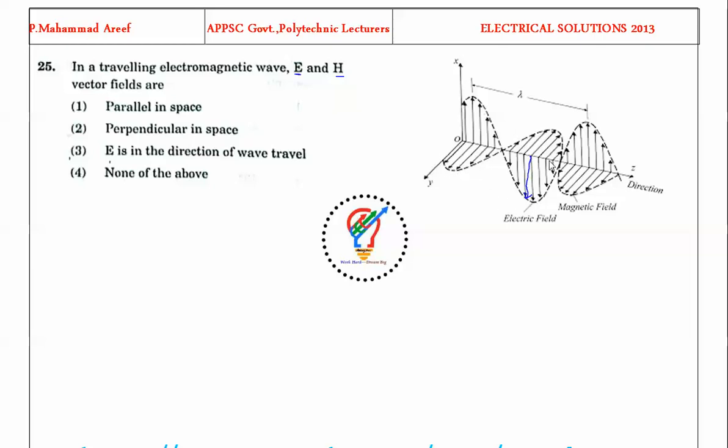It is in the downward direction, so automatically the magnetic field will be upwards. Suppose this is the magnetic field intensity H, and the electric field intensity is E. So the angle between these two is 90 degrees. So 90 degrees means they are perpendicular in space.